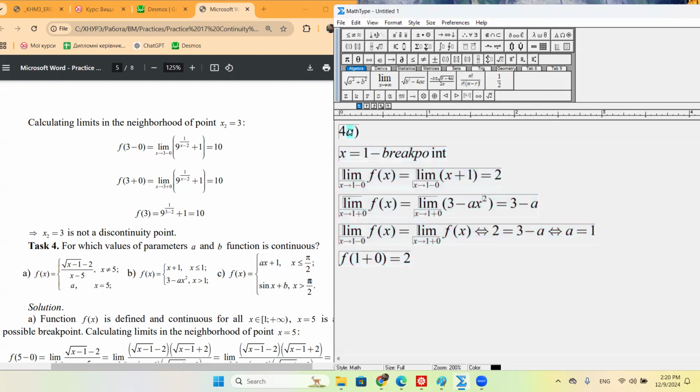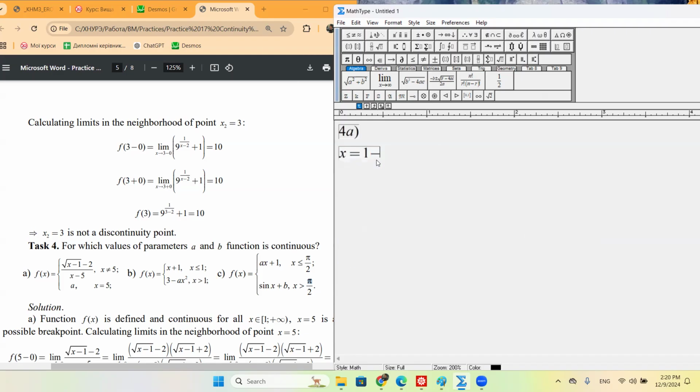So in the next example that we have, pi over 2 is a breakpoint. So we need to calculate limits at this point.